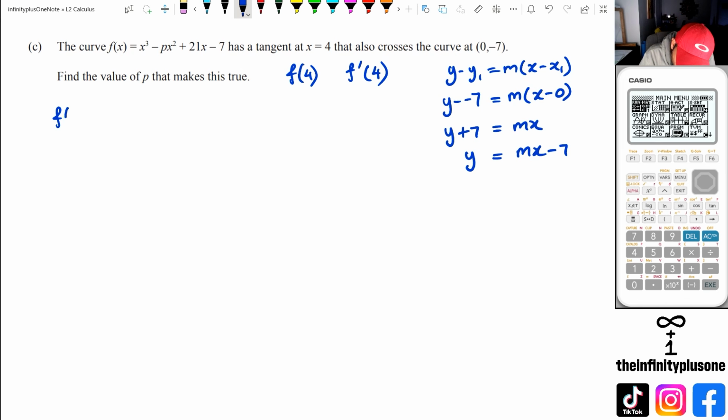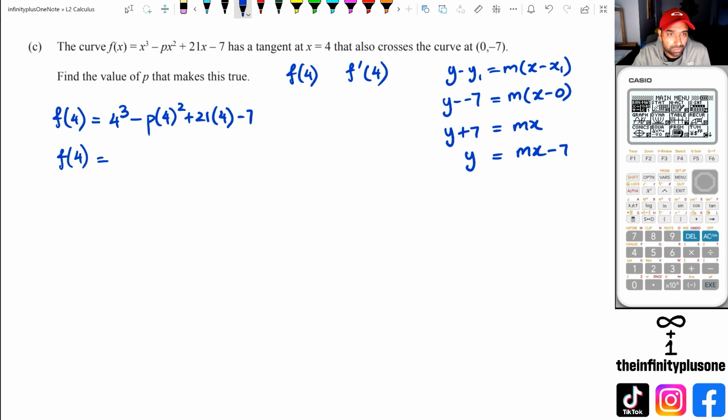So to do f of 4, I've got 4 cubed minus p times 4 squared plus 21 times 4 minus 7. So f of 4 is going to be whatever this nasty looking thing here is. 4 cubed is 64, plus 84 minus 7.